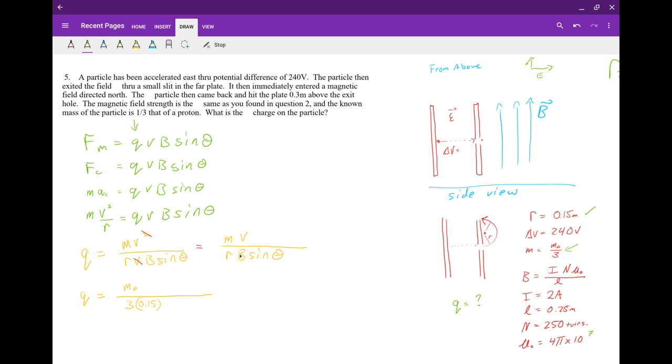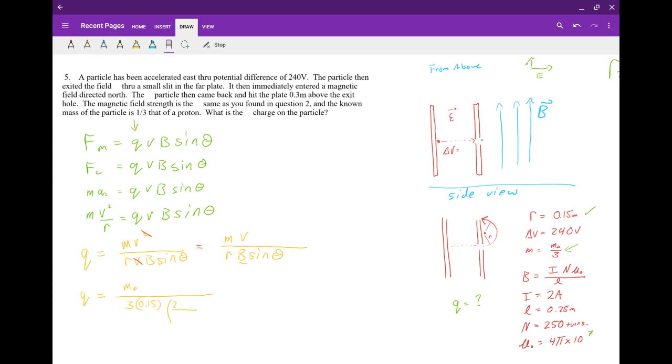The magnetic field is B, which is current, which is 2, N, which is 250. This is this guy, the magnetic permeability of free space, which is this number, 4 pi times 10 to the minus 7, and the length, which was 0.15, right? So I'll go ahead and write that stuff down here. That's my magnetic field, okay? And what is it going to be? 2 times 250.